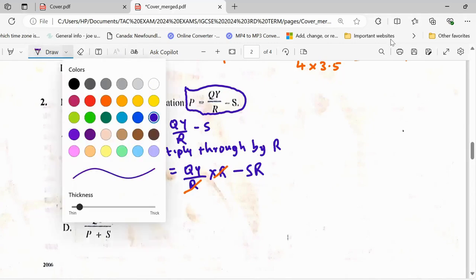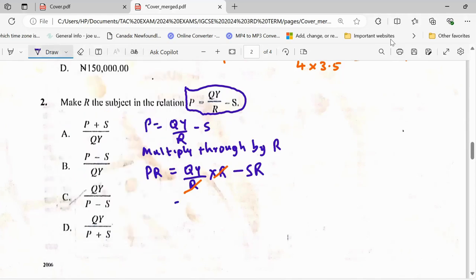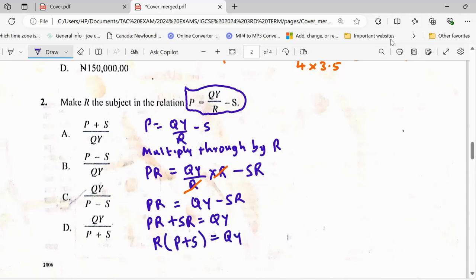So when it cancels out, we now have PR this side, and coming here we have QY minus SR. So we collect like terms. We have PR plus SR. When this minus SR crosses the equality sign coming to the left, it becomes positive. So here we have QY. Now factorize. R is common here. You have R into P plus S equals QY.